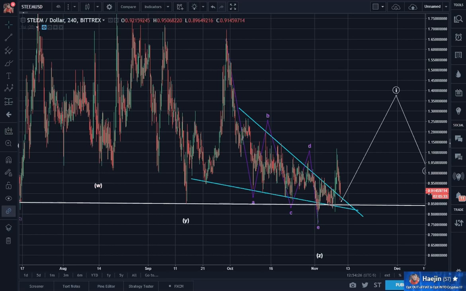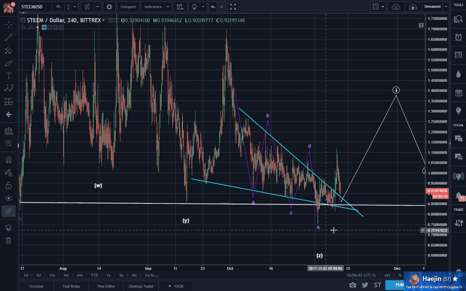So here we saw an ABCDE symmetrical triangle, downward pointing, which is more on the bullish side. Prices surged out of this and have retraced.